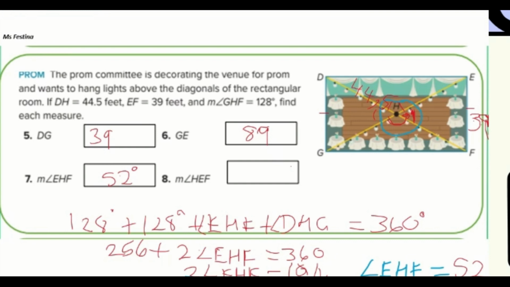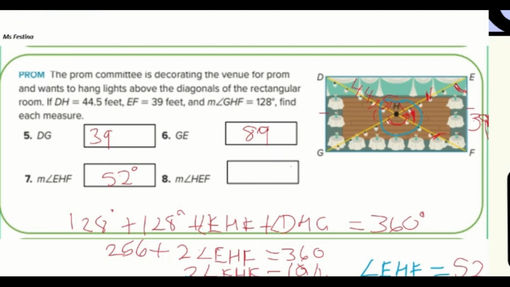So how do we find this angle here that we are not given? This will be 90 degrees, and we know that this side EH is equal to this side HF. If they are equal to each other, these two opposite angles, angle F and angle E, are going to be the same. So this is 52.